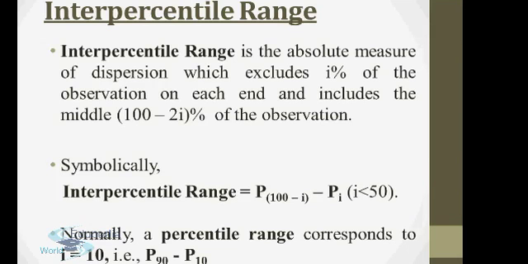So symbolically we can write interpercentile range as P(100 minus i) minus P(i), which in case my i is 10, is P90 minus P10. And of course your i should be less than 50, since i being more than 50 doesn't make any sense. And normally percentile range corresponds to i equals 10, as I explained earlier.